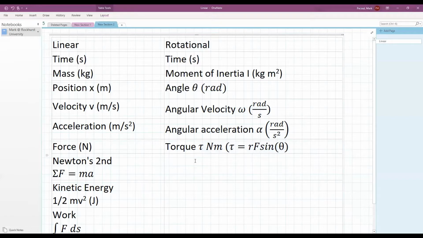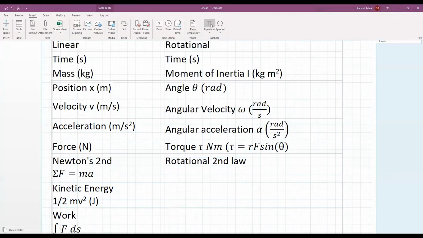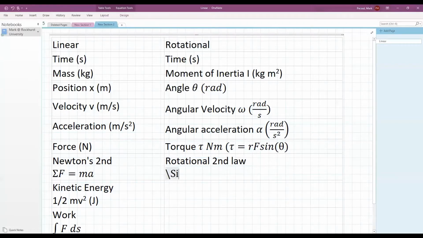There's a rotational version of Newton's second law, and it looks like this: the sum of the torques about a certain point equals I alpha. We're using the sum of the torques because that's the rotational analog of force.